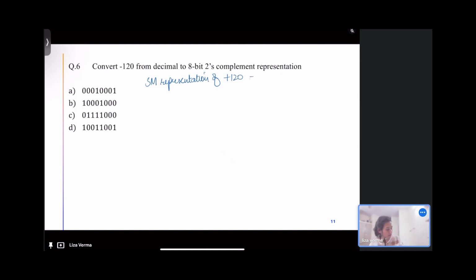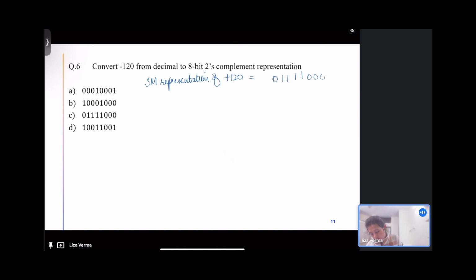That will be, let's work this out, 0 for plus, then for 120 we'll have 64, no wait, 1, yes, 64, 32, 16, 8, and that's it. This is the sign magnitude representation of minus 120.